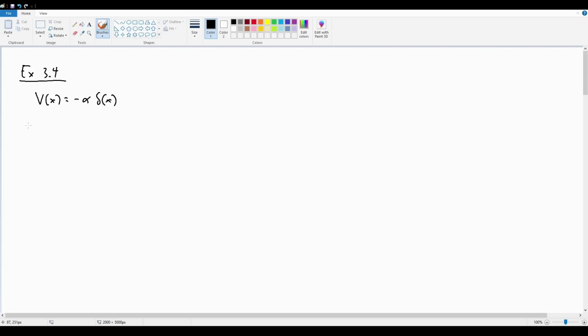We want to find the probability that momentum is greater than p naught equals mα divided by ħ. So instantly we're working with momentum. This implies that maybe we want to switch to momentum space instead of position space, right? So let's do that.